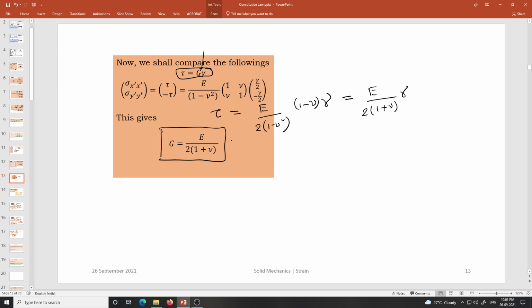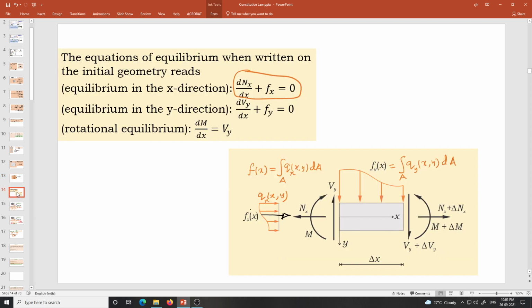So, following the experimental observation and the definition of Poisson's ratio, the application of elementary Hooke's law that you have learned at school level, and utilizing the coordinate transformation, we have got something. But we do not know whether this relationship is valid for any general material or not. So, in the next part we shall approach this problem from another direction.